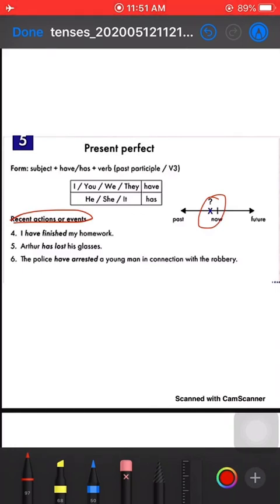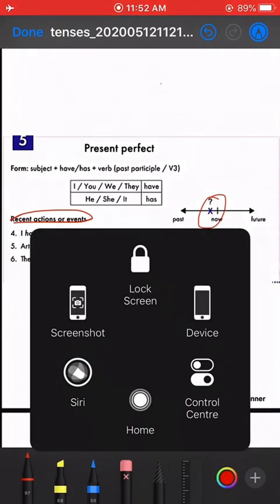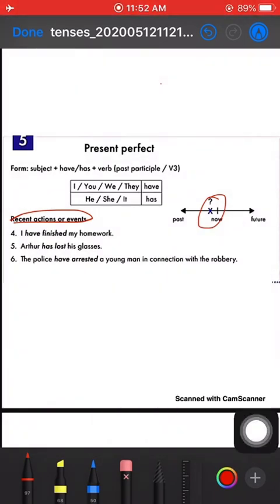This is also the past simple. The police arrested a young man last night in connection with the robbery. When I mention a time period and talk about the past, that means the thing has finished there. But in the present perfect we have to show this action is still going on. Okay, so in this way we are done with the present perfect also.